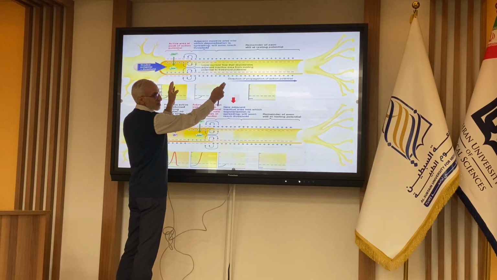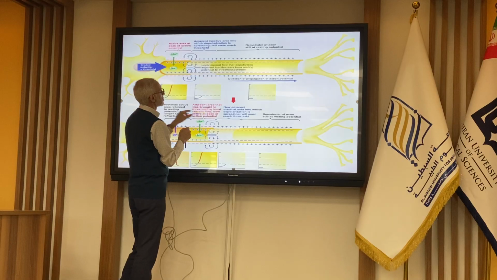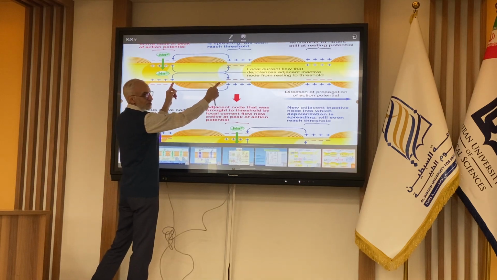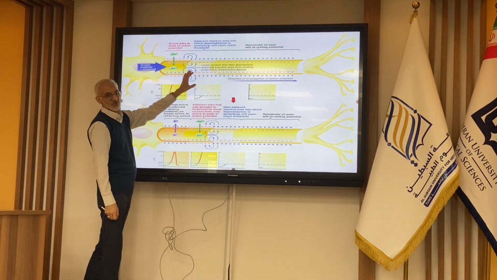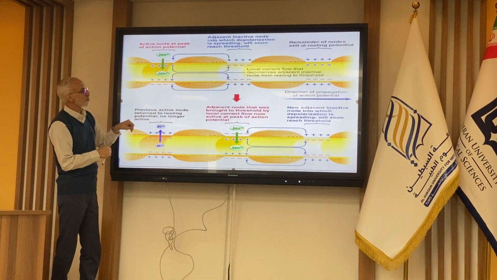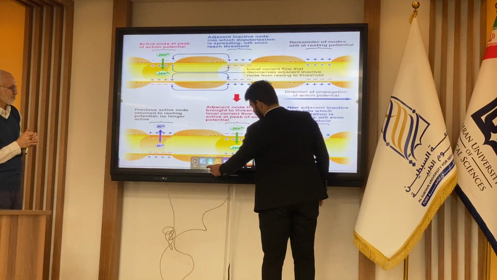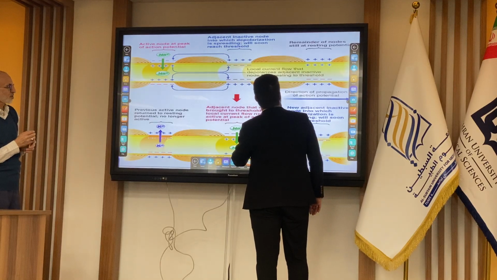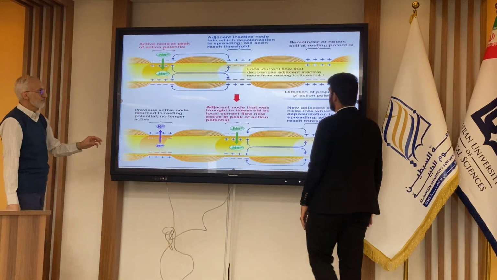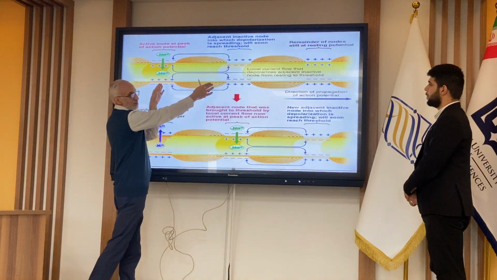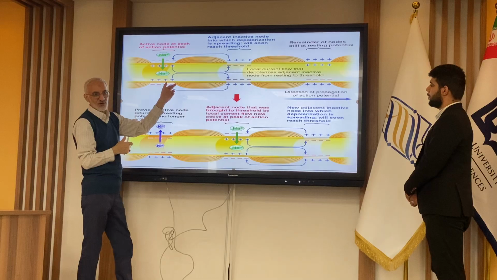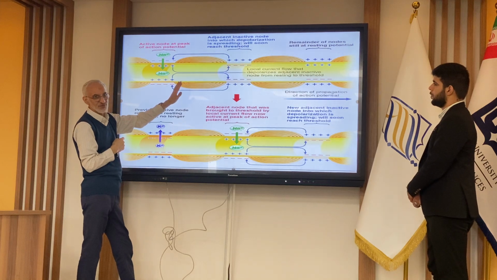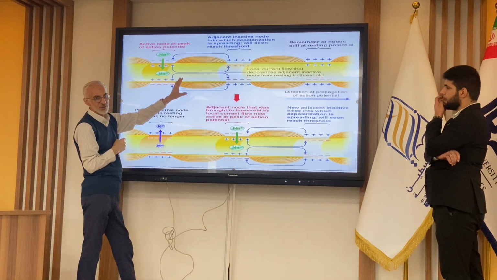At this point there is no permeability to any ion, because the myelin covers this part, so no channel can work. There is no permeability here.